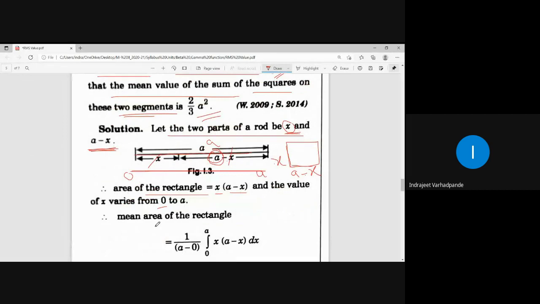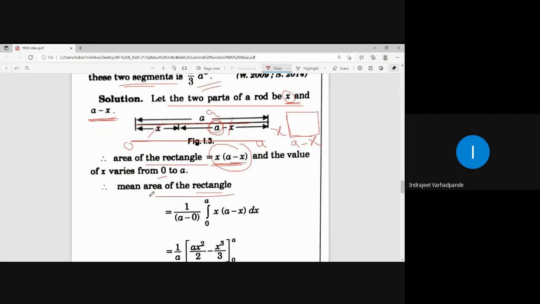So, the mean area of the rectangle. Now what is your function? The function is your area. How to calculate the mean value? The formula is simple: 1 upon b minus a, integral a to b, f of x dx. f of x is your area. Area is x into a minus x. So your mean area of the rectangle is 1 upon a minus 0, integral 0 to a, x into a minus x, dx.